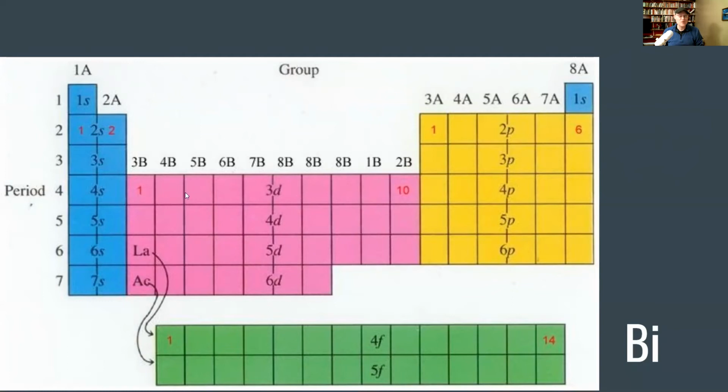Once I hit this fourth row and the transition metals, I specifically go back to the 3d, then 4p, 5s, and so forth. So you basically just read this like a book.